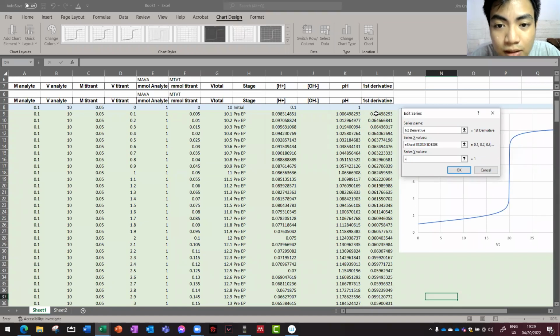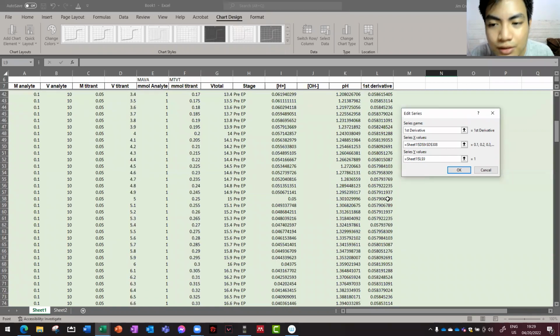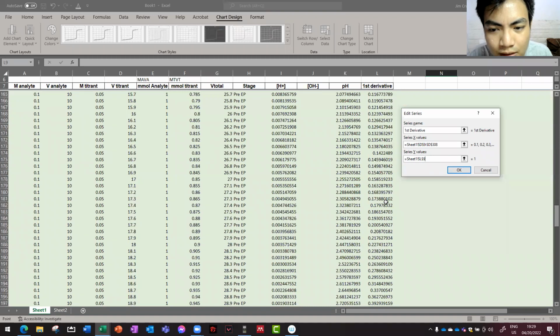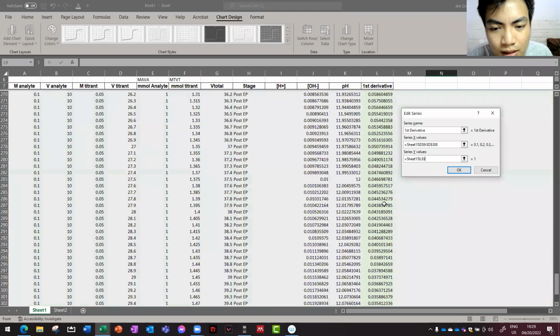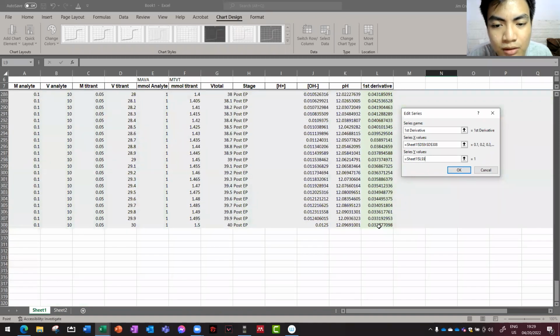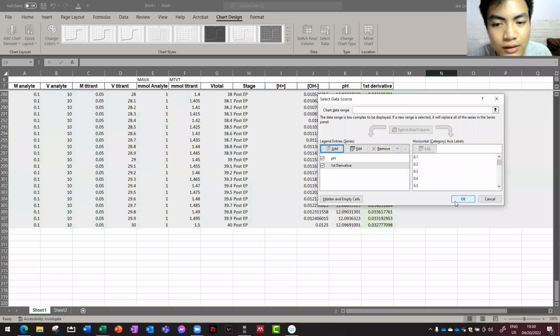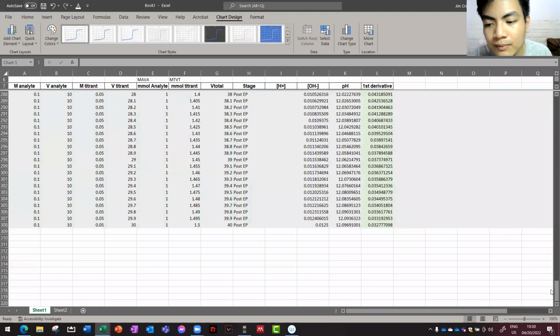So this is the second entry I'm pertaining to, okay? So you just scroll down and then select everything, press shift button so you can highlight everything, okay? Okay, and then press OK, and then OK again.